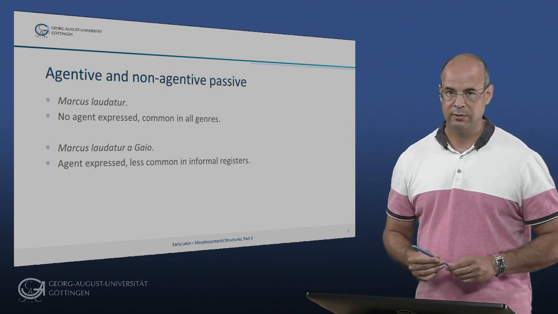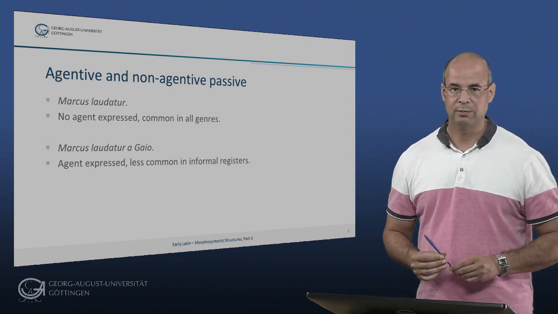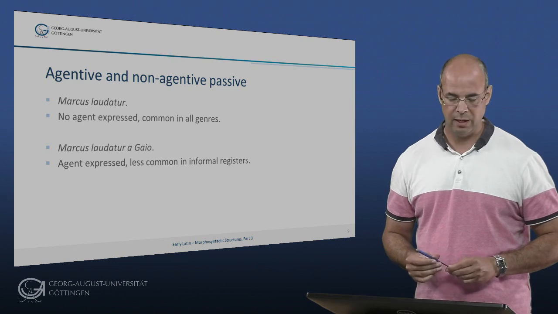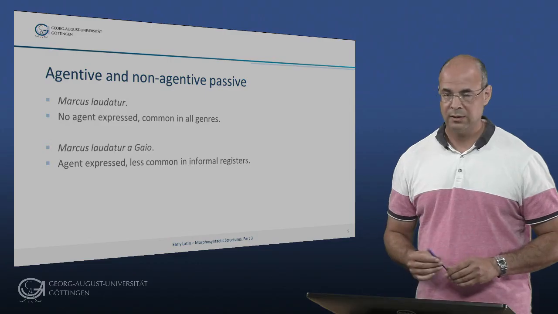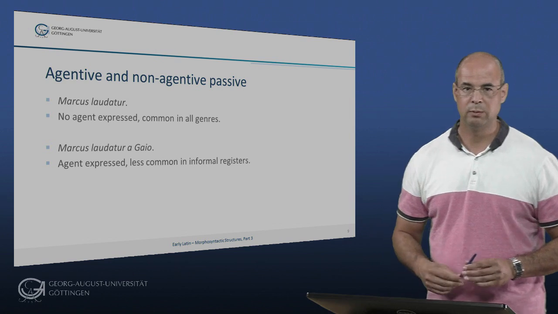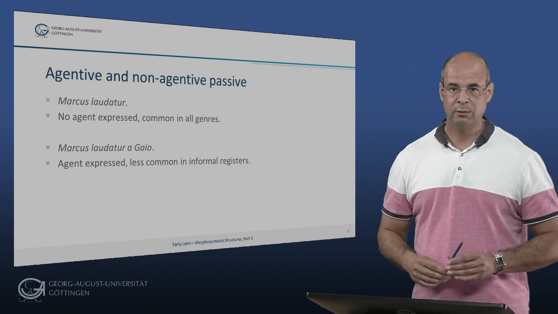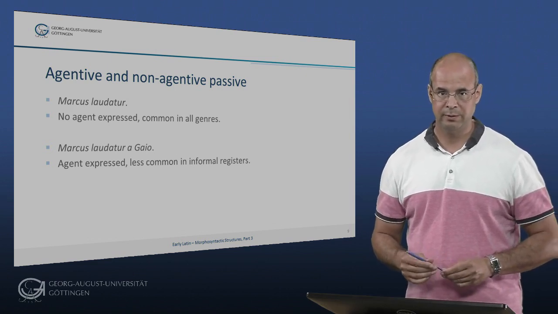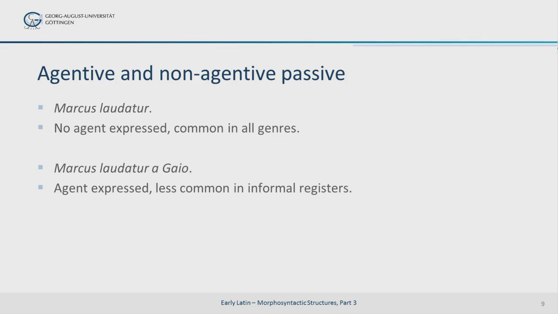Most passives in Plautus and Terence demote the agent entirely and do not express it in a prepositional phrase with ab. So we get the type Marcus laudatur, no agent expressed, and it's common in Plautus and Terence. That type of passive is equally common in more formal genres, but the passive is overall more common in formal genres because in many cases the agent is still expressed, the type Marcus laudatur a Gaio.